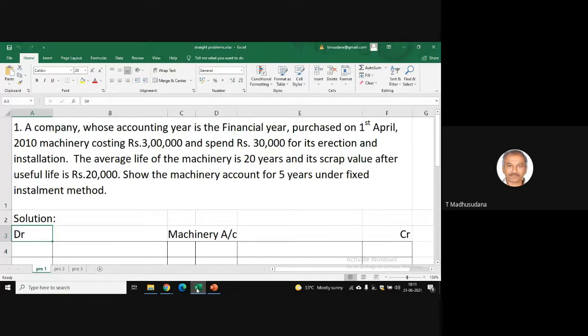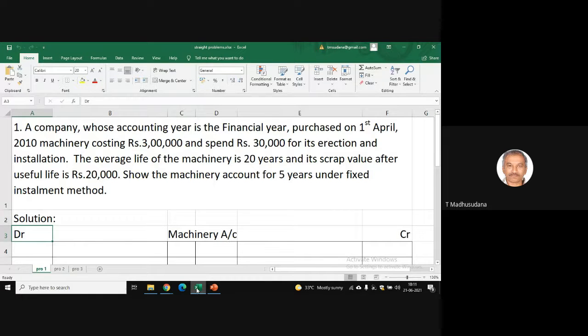Calendar year means the year starts from January 1st and ends with December 31st. That is called calendar year.